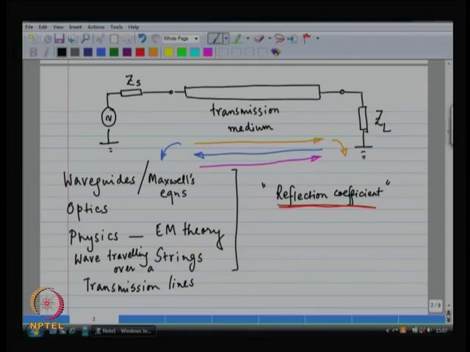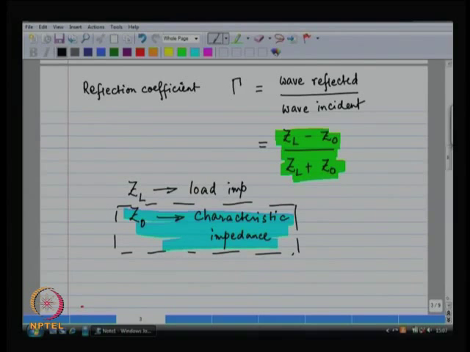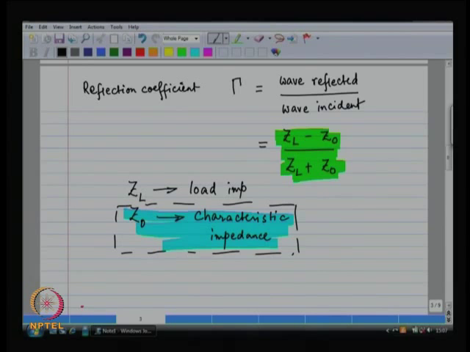Now, this reflection coefficient may or may not be a real number, it could be a complex number. So, beware over there. The typical formulation for reflection coefficient is (ZL minus Z0) by (ZL plus Z0). ZL is the load impedance, Z0 is the characteristic impedance. As you see, all of these are impedances and the result may or may not be a real number.